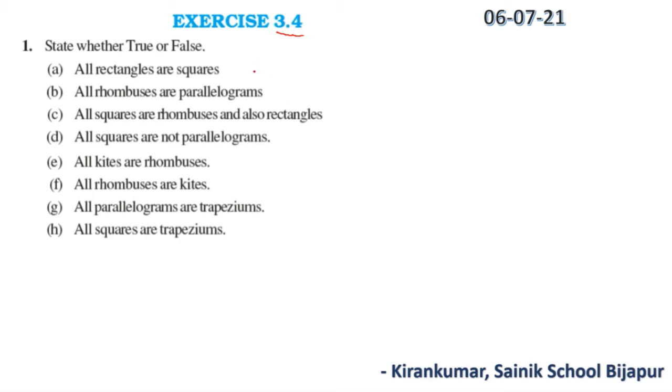This particular statement is a false statement because all squares are rectangles, but all rectangles are not squares. If we consider a rectangle, we all know that opposite sides are equal, not all sides.